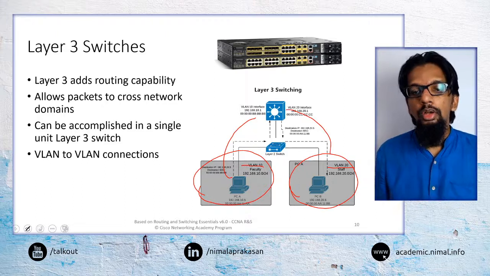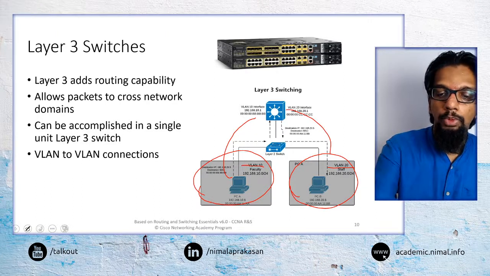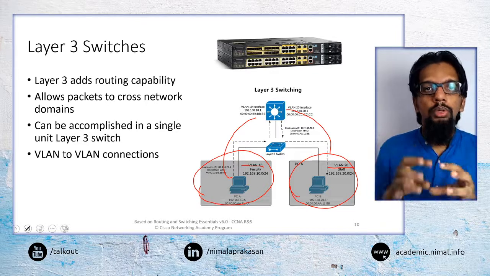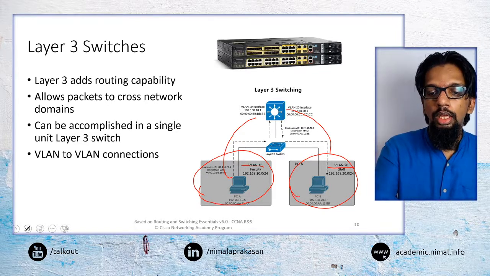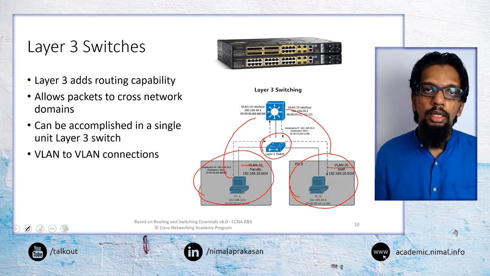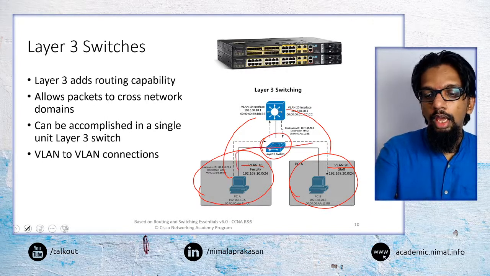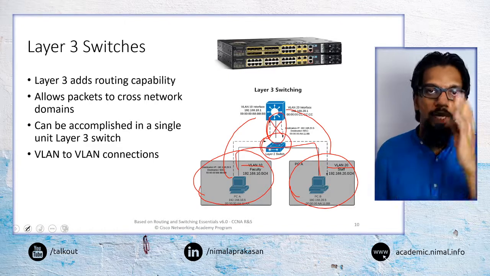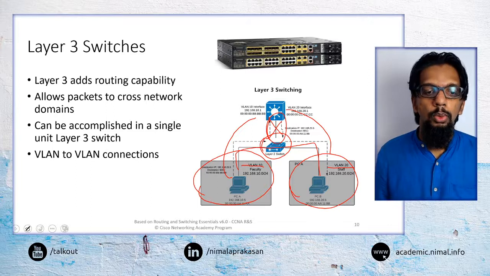So instead of all this traffic going up to the router and coming back, because only the router would be able to understand different networks, if this switch in between can understand these network addresses, then that traffic can flow through it. There's no need to crowd up that part of the network connecting to the router.